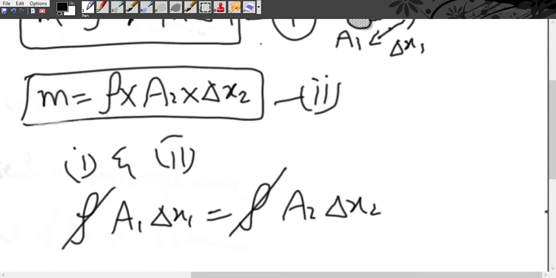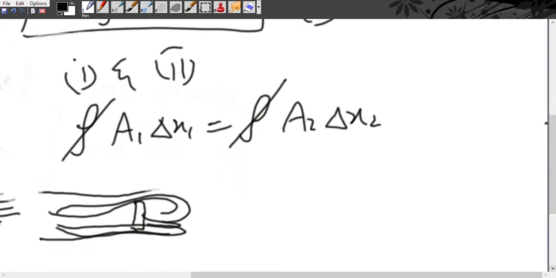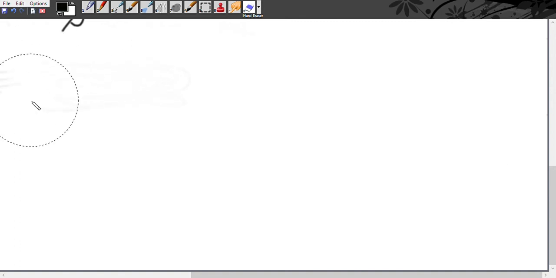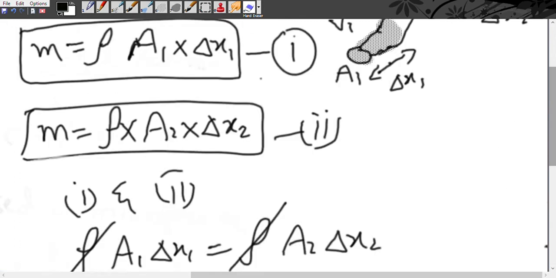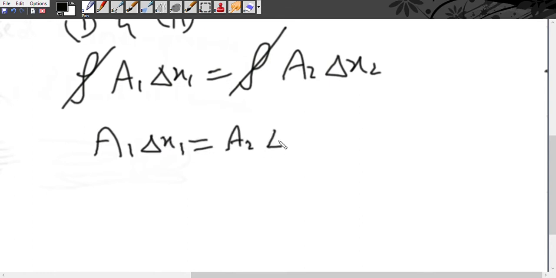Density will cancel on both sides. The equation will become A1 delta x1 is equal to A2 delta x2.